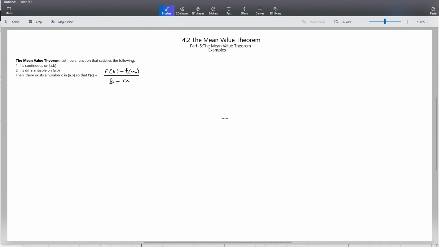So for this example, we're going to look at the function 2 minus absolute value of 2x minus 1.